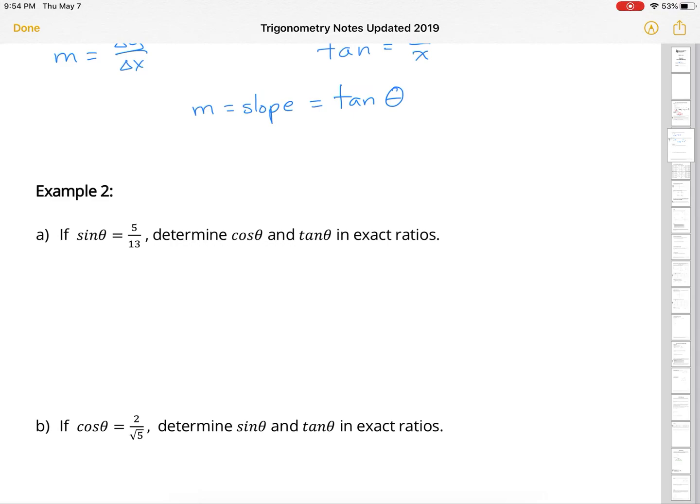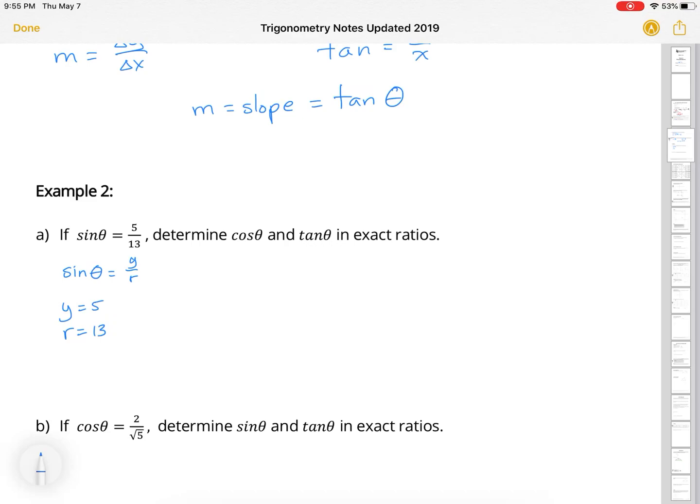Example number 2. If sine theta is 5/13, determine cos and tan in exact ratios. So thinking about this, sine is equal to, if you think about the box that we were referring to, sine is y over r, right?